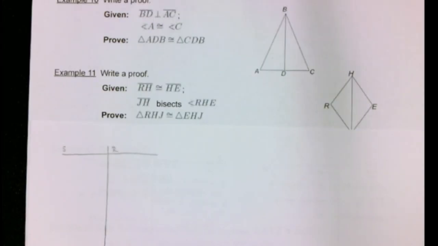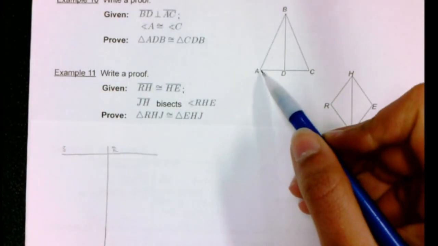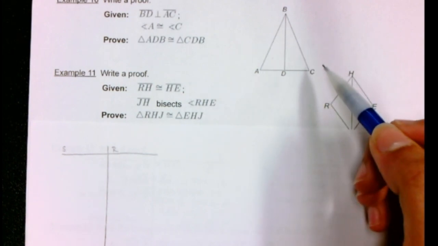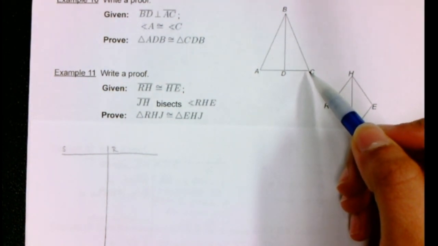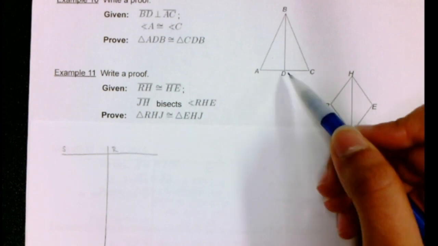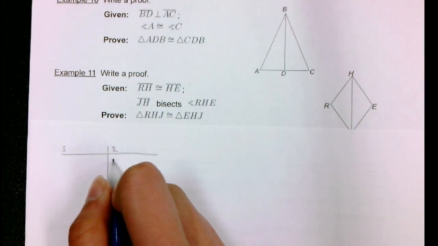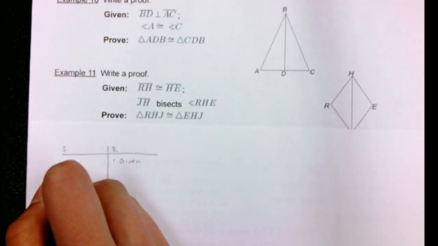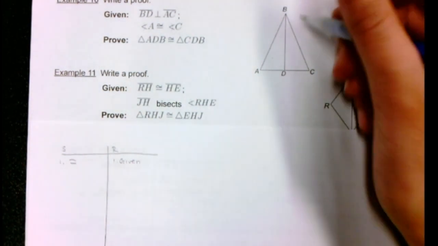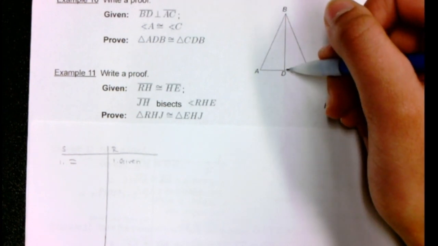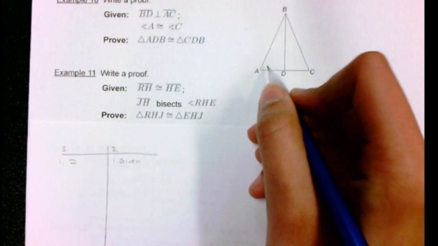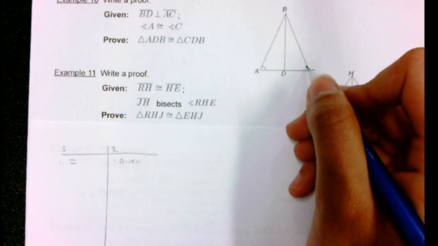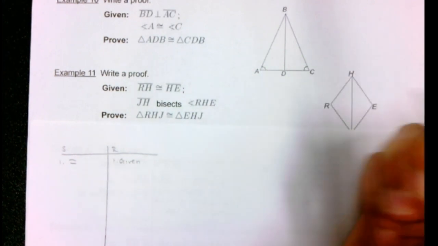Example 10. We need to prove that triangle ADB is congruent to triangle CDB. We have our given, which says that BD is a perpendicular bisector to AC, and that angles A and C are congruent.